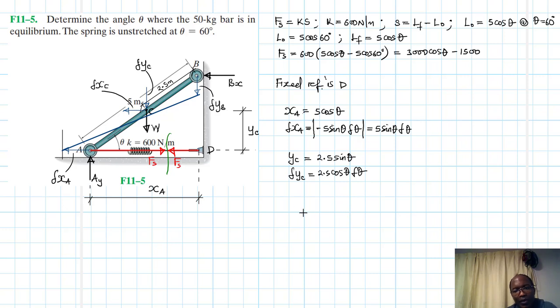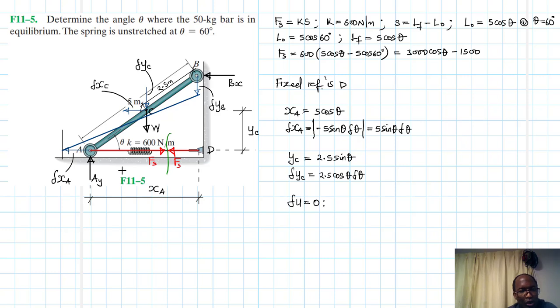Okay, right. I think we've written the expressions. We need to move on. We say 2.5 cos theta del theta. All right. So now let's apply the virtual work equation. So we know that del U is equal to 0, the total virtual work.